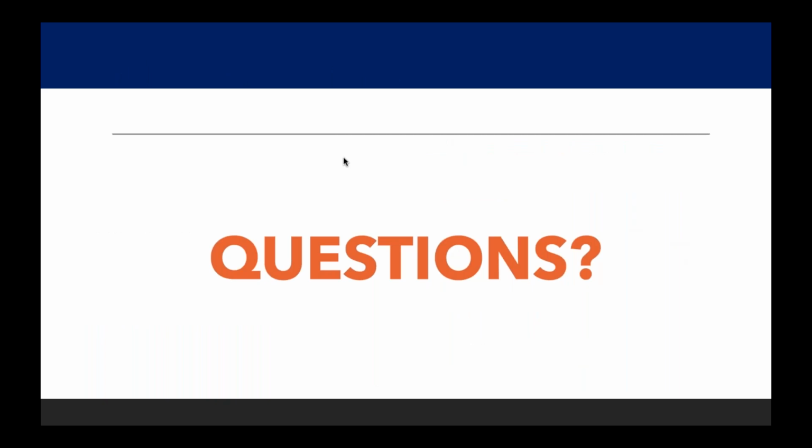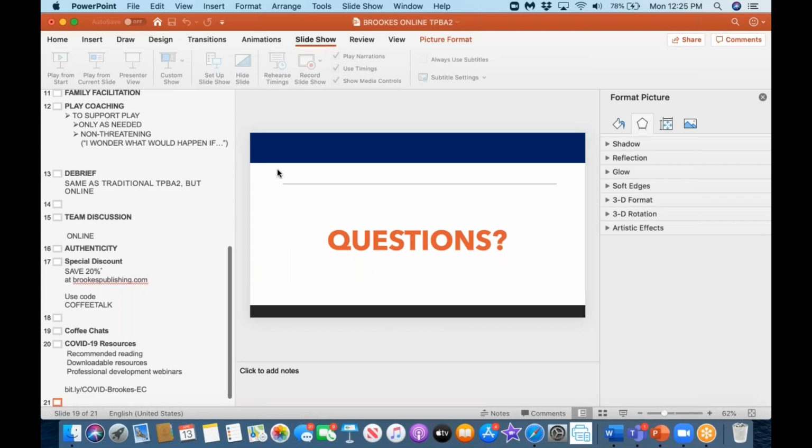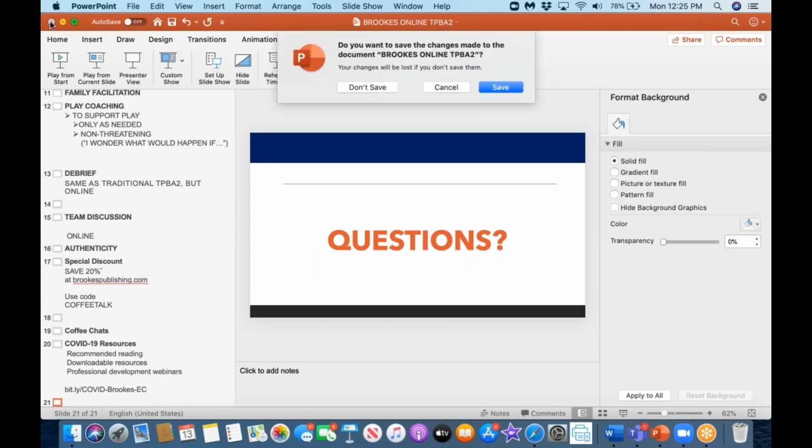So Tony, we have a question: how long do you recommend the online version of TPBA take? So this online administration, what's your recommended length? We're recommending that you try to keep it from 45 minutes to an hour. And again, it depends on what kind you're doing in terms of the options.